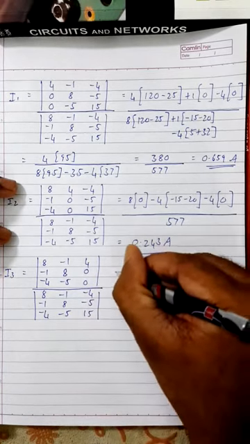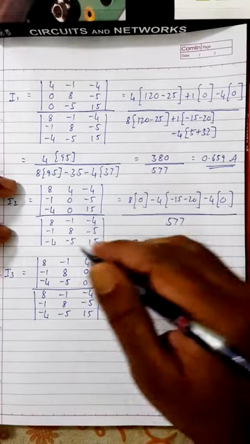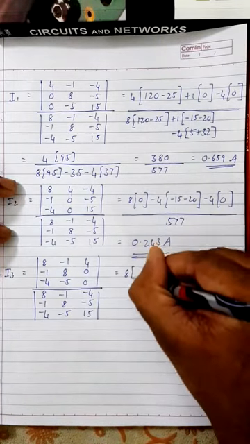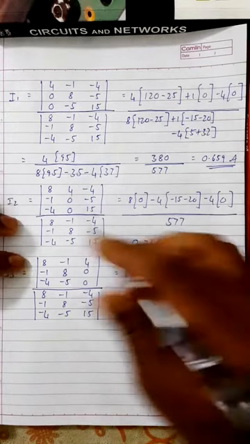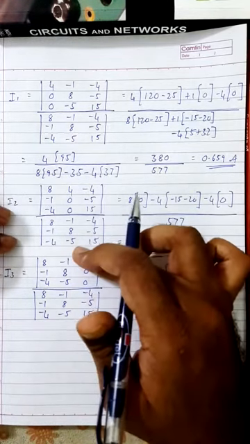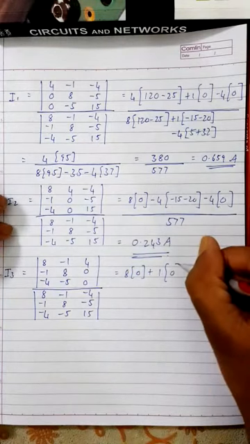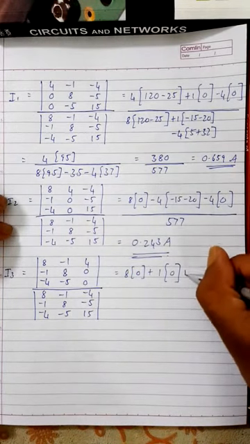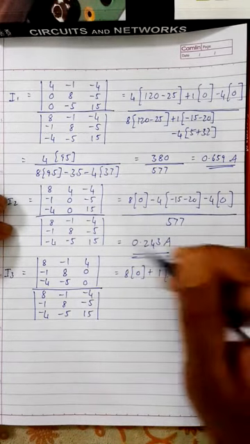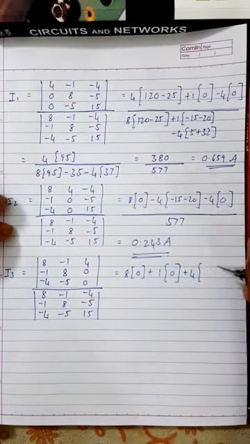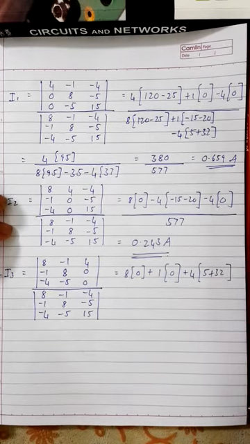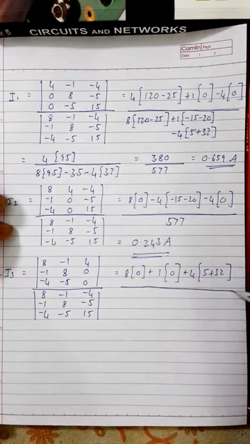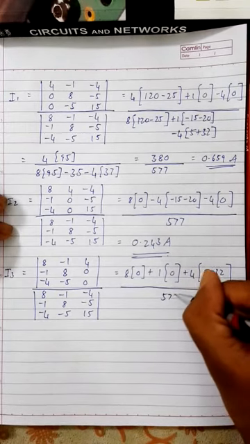So we have 8 into 0 plus 1 into 0 plus 4 into 5 minus 32, which becomes plus 32, and divide by the denominator, which will be the same, 577.